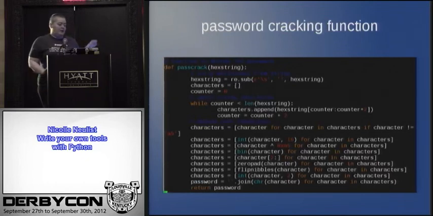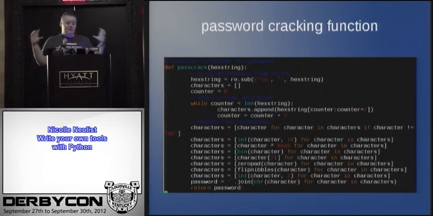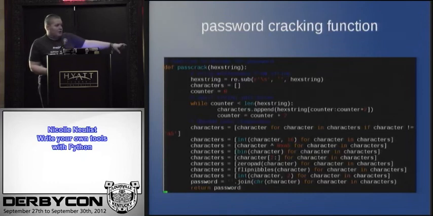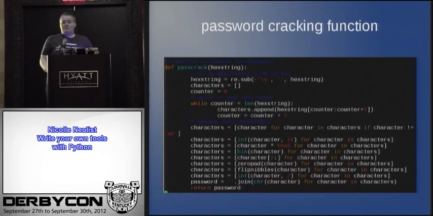Then, while it iterates over the characters, it puts it into bytes. It takes the string, makes it a list of hex bytes. And then it's just going through and reversing that cruddy encryption of the password.